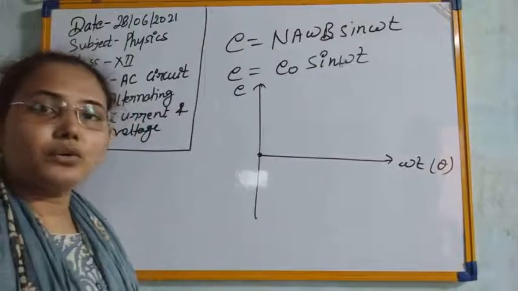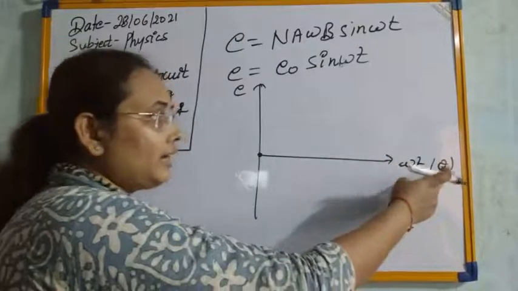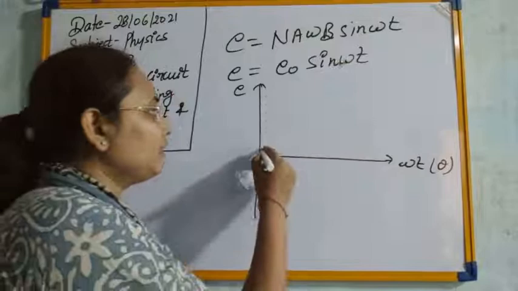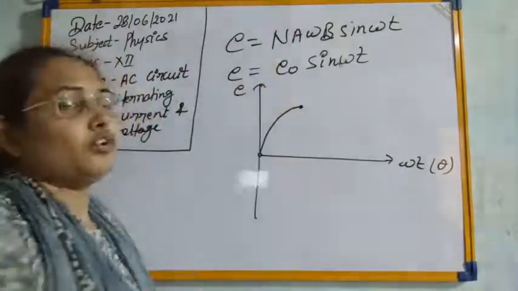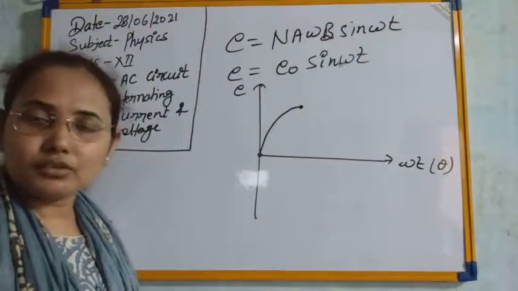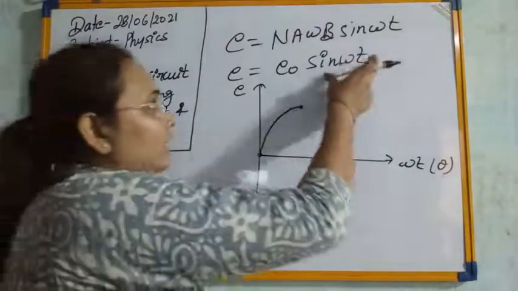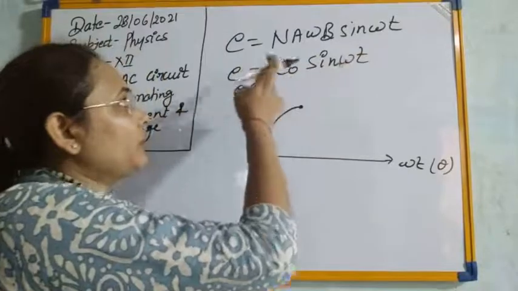Again we start to increase theta, and with the increase in theta this EMF is also increasing, and it reaches a maximum value when theta is equal to 90 degrees, since sine 90 is 1, so E will be equal to E0.